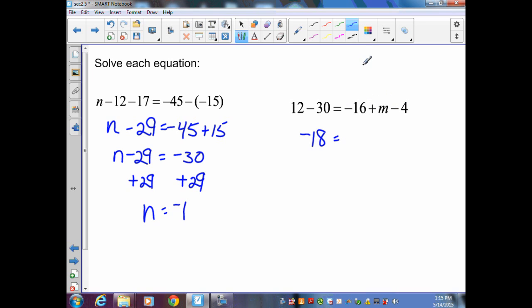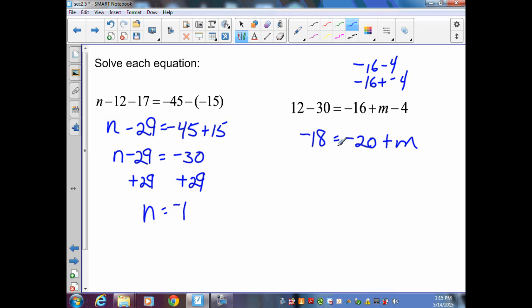A negative 16 minus 4, which is essentially a negative 16 plus a negative 4. Now, you don't have to show that, but we just have to recognize that. A negative 16 plus a negative 4 is going to give me a negative 20 plus m. Same sign, combine, use the sign.